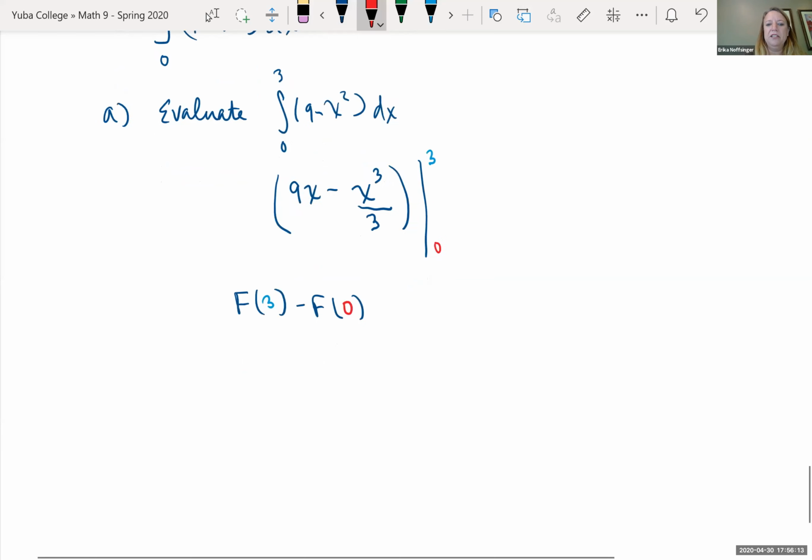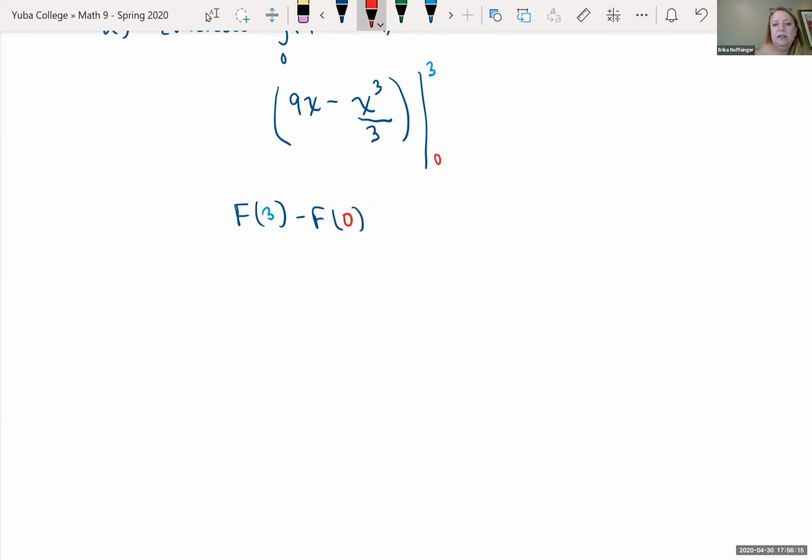So if we go back into our antiderivative and plug in 3 wherever we see an x, we have 9 times 3 minus 3 cubed all over 3, minus, be careful here, in this case it doesn't really matter because we get back 0, but if you have more than one term and you're plugging in that number, that negative is going to every single term.